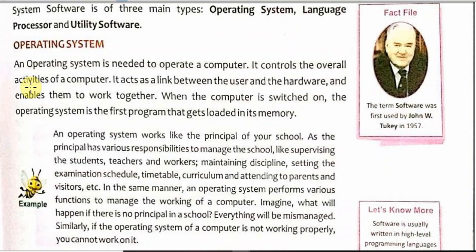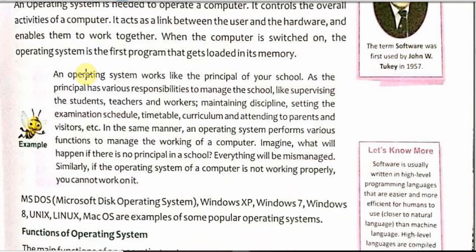An operating system is needed to operate a computer. It controls the overall activity of computer. It acts like a link between user and the hardware and enables them to work together. When the computer is switched on, the operating system is the first program that gets loaded into its memory.